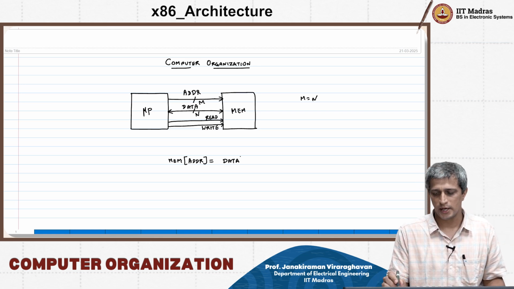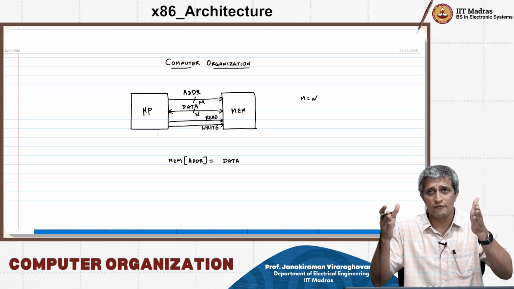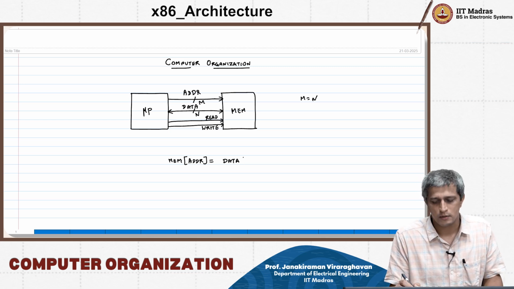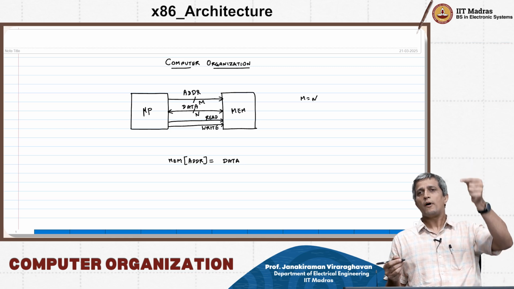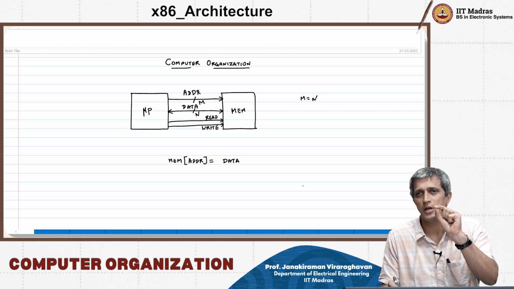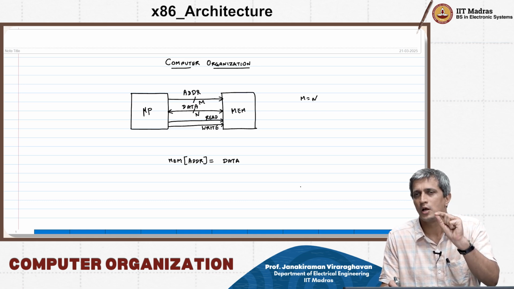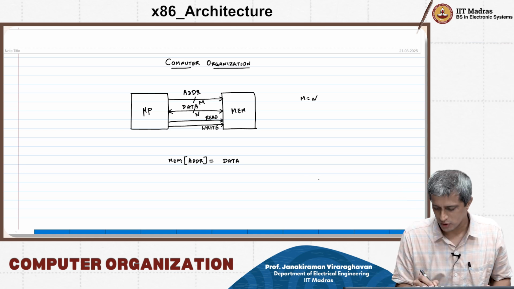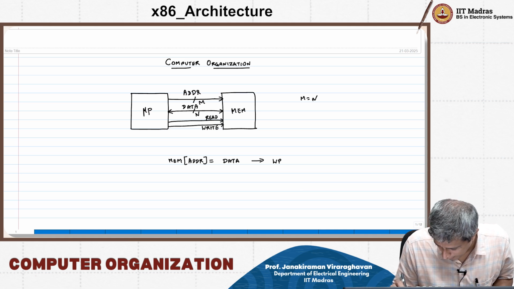So the assumption here is that the data width of the memory is n bits, and there are 2 power m addresses that you can read from or write into this memory. So therefore this is basically the operation of writing.